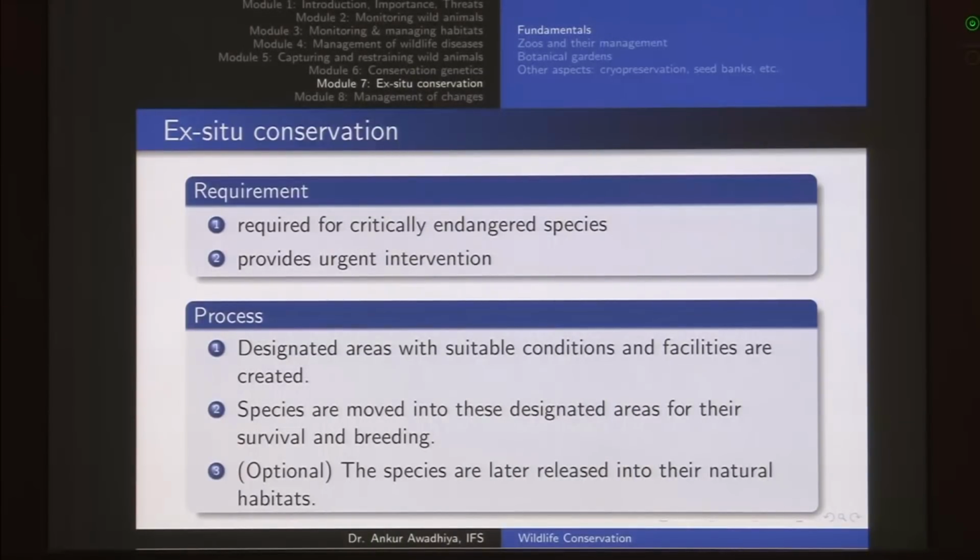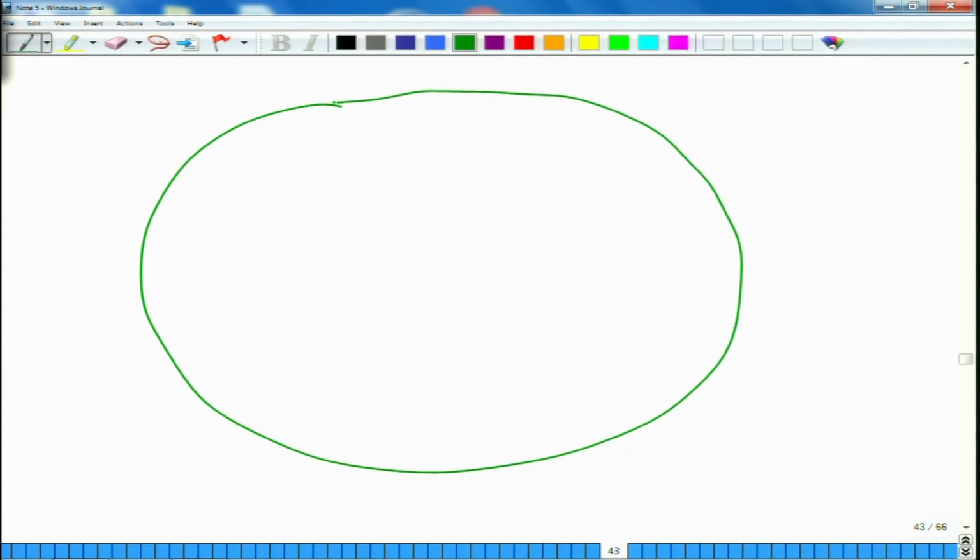Besides, if you have a very large sized forest, so for instance, if this is our in situ conservation facility and we are talking about say 100 individuals, these individuals will remain very largely dispersed from each other, so the amount of mating that is going to be there would be less.